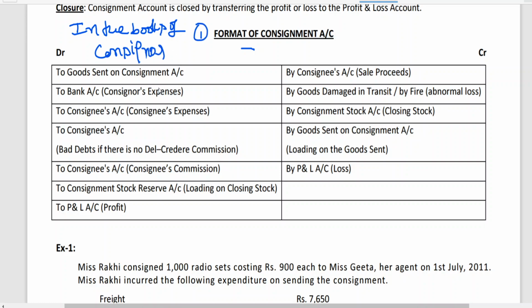This is the first account. You can read consignment to goods sent on consignment. You may feel this is easier than entries, but entries are also important. Most of the problems we work out on ledger only. Consignment to goods sent on consignment, consignment to bank, consignor expenses, consignment to consignee, consignee expenses, consignment to consignee bad debts if there is no del credere commission.